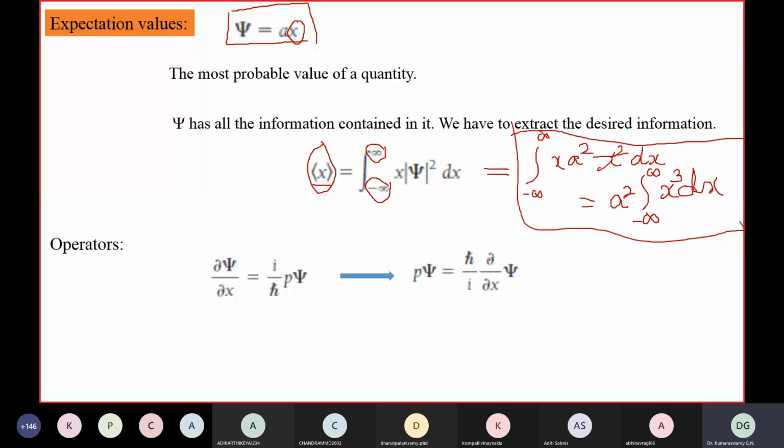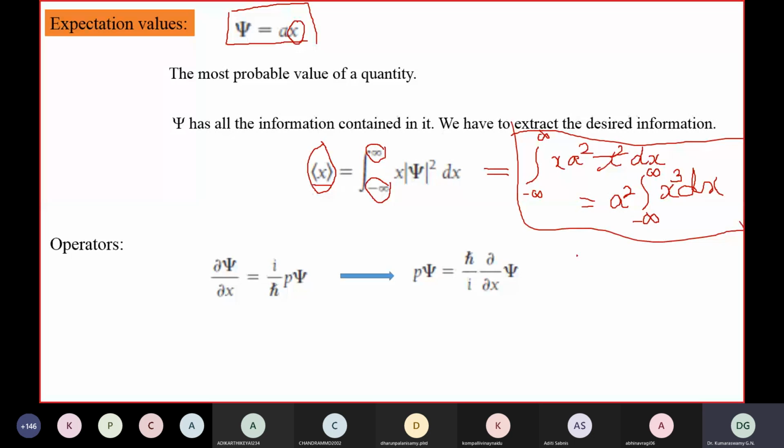Here, somebody asked why didn't you use d instead of dou? Dou is generally used when you have to mention it is a partial derivative. That means psi doesn't depend explicitly only on x. There may be other variables, and to indicate that, dou is used. Okay.